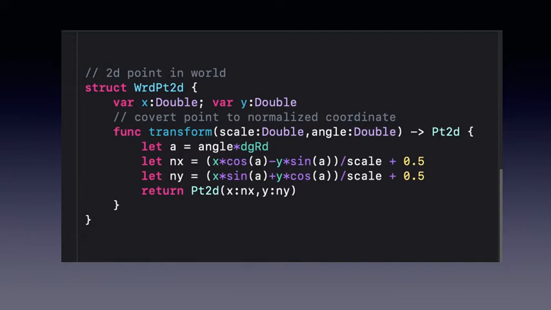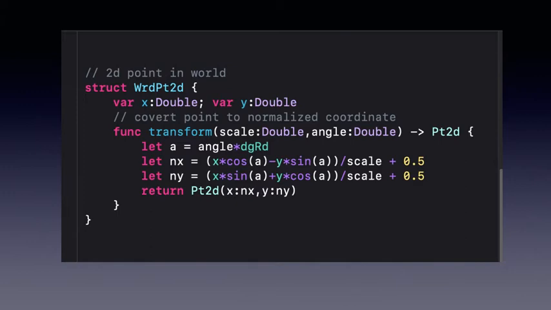I'm not going to derive that because this isn't a mathematics course. This equation is easily available on the internet, for example. It then is divided by the scale factor, so that puts the point back into the normalized space, and then there's an offset to take care of the fact that the origin is in the center of that space. And then the point is returned.